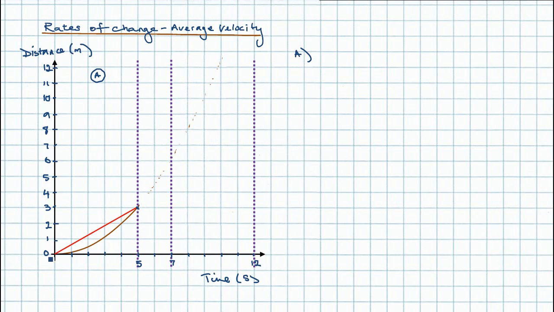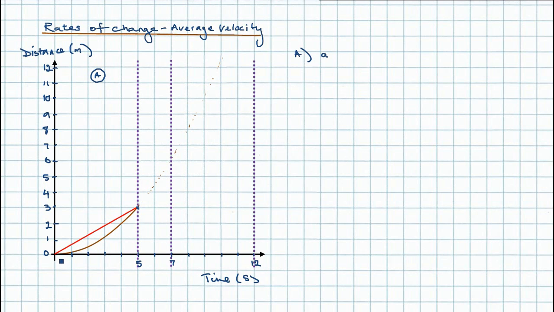So it's 3 meters. In fact, let's just label this velocity, and we need to say it isn't the velocity, because as we've seen, the velocity changes all the way along here, and it's never the same, except where the tangent is the same as here.